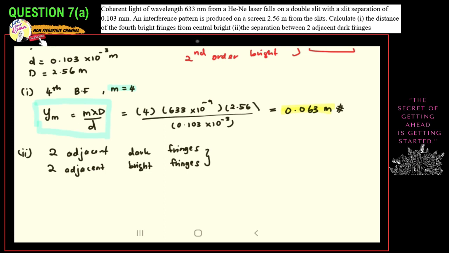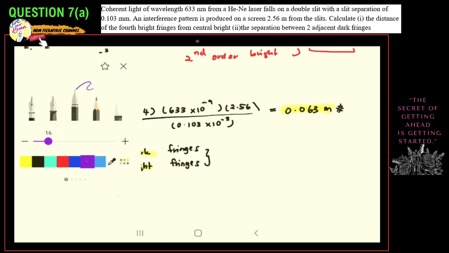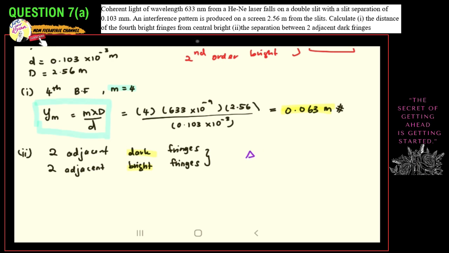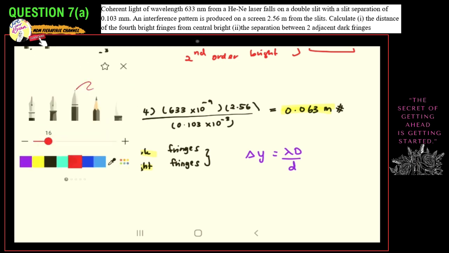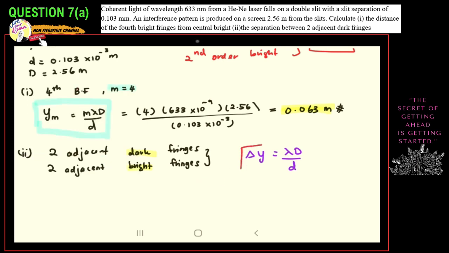Tengok betul-betul ya. Sama ada dia tanya dark fringes ataupun bright fringes. Kalau dia sebut perkataan two adjacent, maknanya we can straightly use this equation of delta y is equal to lambda D over d. Memang formula delta y ni memang untuk kira the distance between two adjacent dark fringes ataupun two adjacent bright fringes. So boleh kita guna ni.